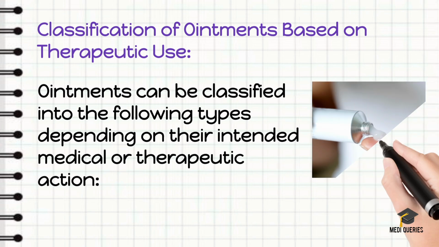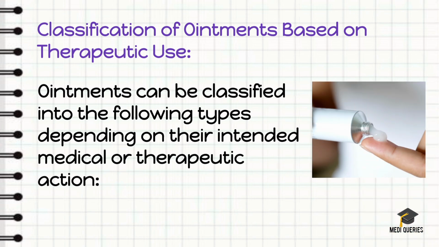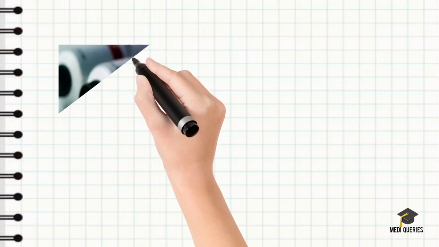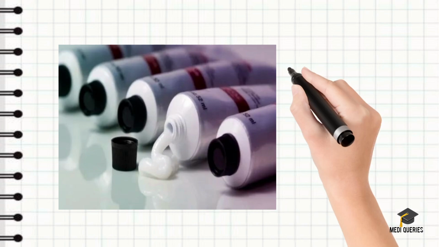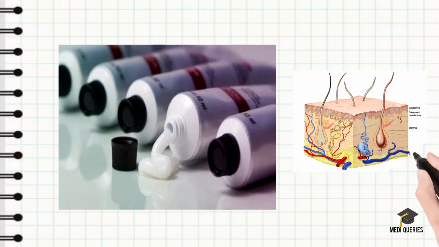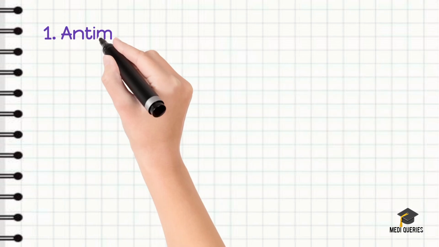There are so many types, like antibiotic ointments, antiseptic ointments, antifungal ointments, anti-inflammatory ointments, antipruritic ointments, astringent ointments, keratolytic ointments, counter-irritant ointments, ointments used for dandruff treatment, ointments for psoriasis treatment, and parasiticidal ointments. So these are ointments based on the therapeutic action.